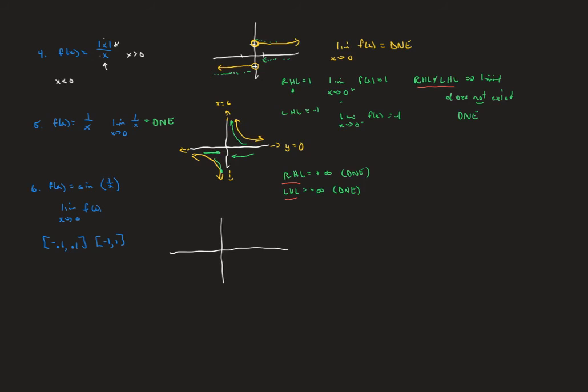So what happens inside here, as x gets closer and closer to 0, this 1 over x, as we come in from the right, goes to infinity. This is sometimes called an inversion.